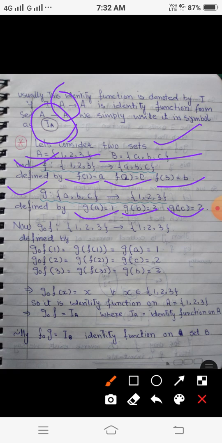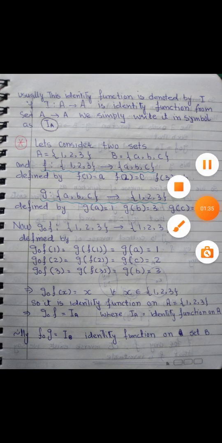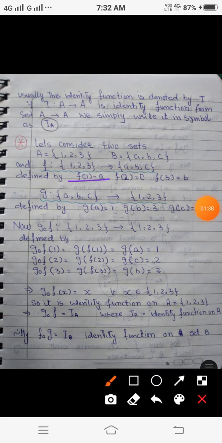Now here we can define the composition g of f. It is a function from {1, 2, 3} to {1, 2, 3}, defined by g of f of 1. Now f of 1 is a, so it is g of a. g of a is 1, which implies that 1 is mapped to 1.